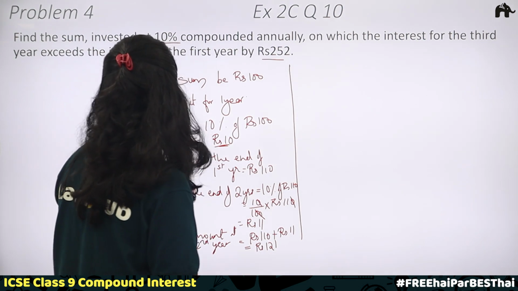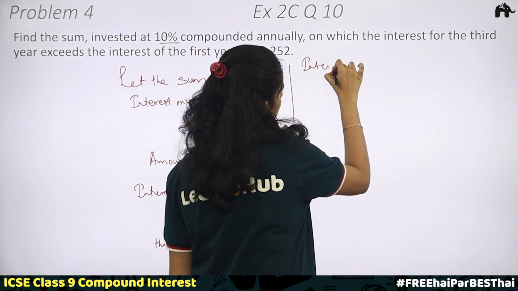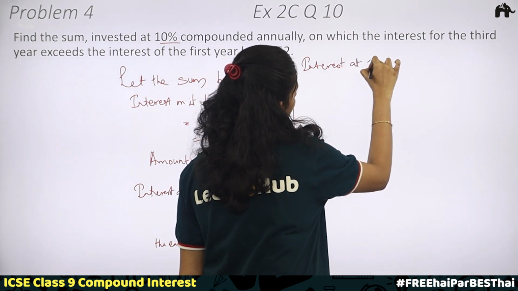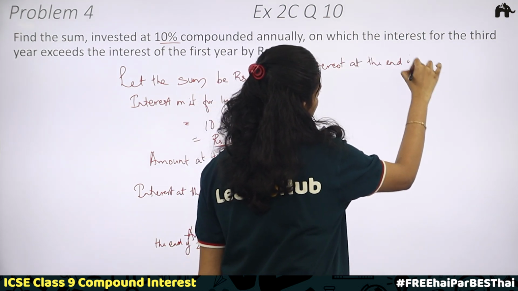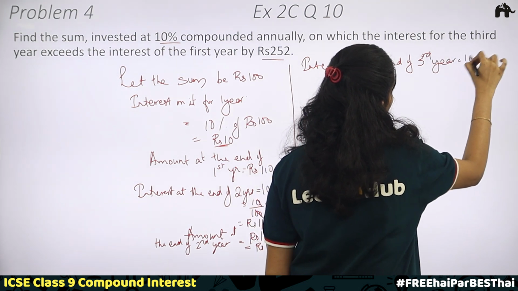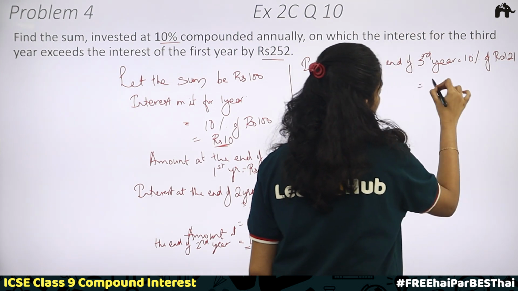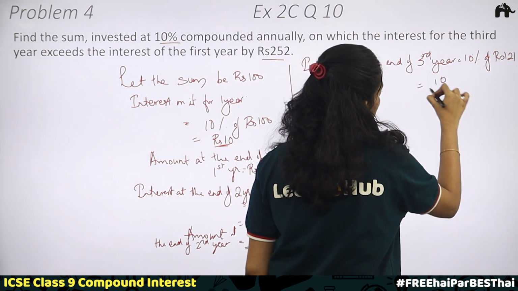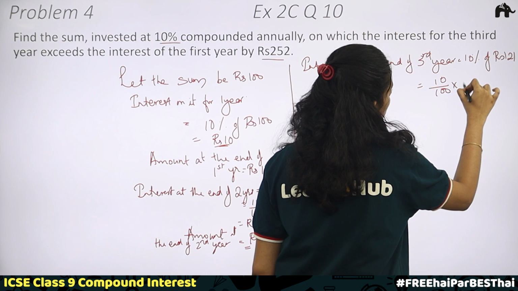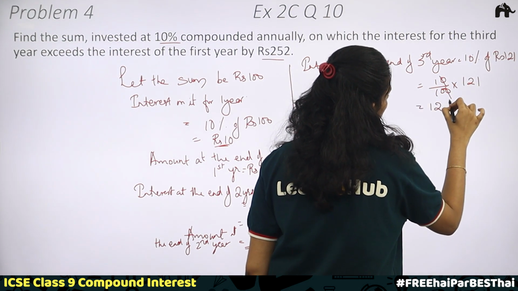Now, we have to find for the third year. Interest at the end of third year will be equal to 10% of rupees 121, which is 10 by 100 into 121, that is you will be getting 12.1.